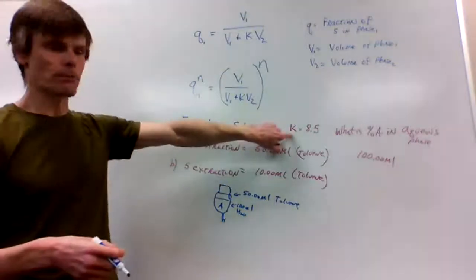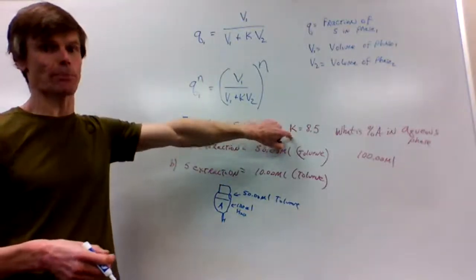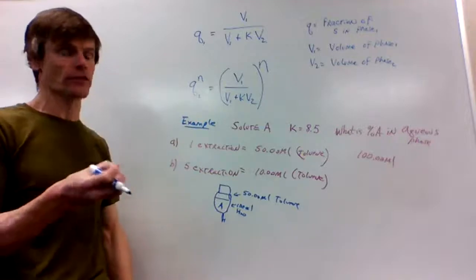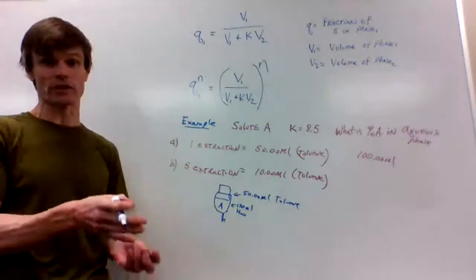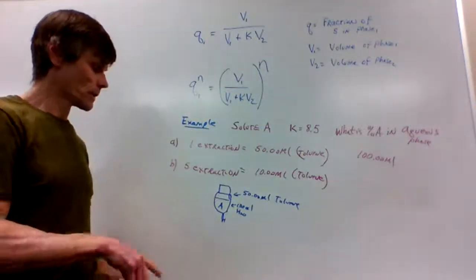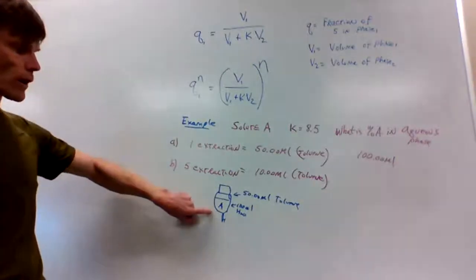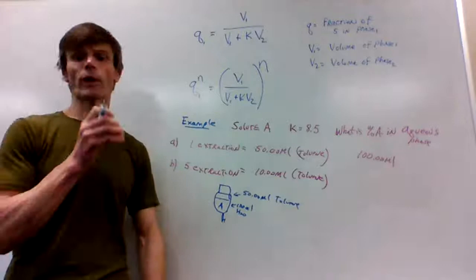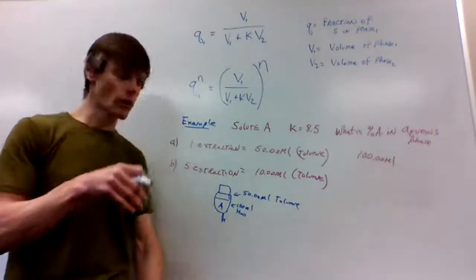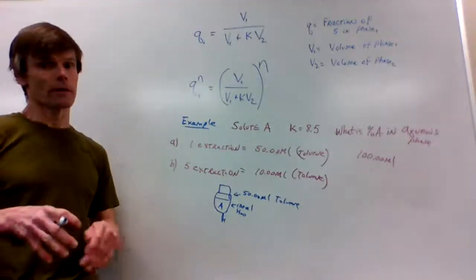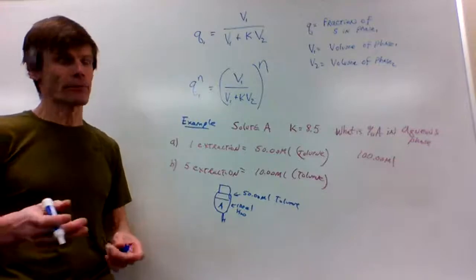And it has a partition coefficient of 8.5 that tells us that it preferentially wants to go into the toluene phase. Shake it up, let it equilibrate. We're going to drain off the water, and then we're going to see what fraction of our solute remained in the water. And that'll tell us a little bit about the efficiency.